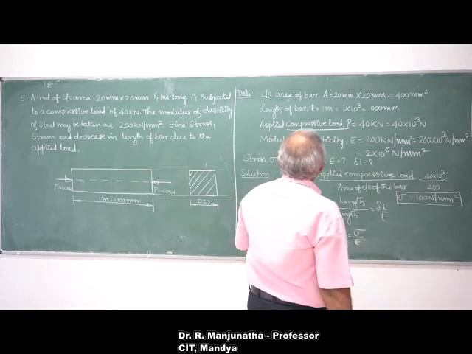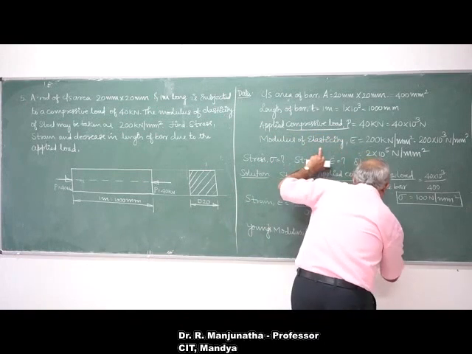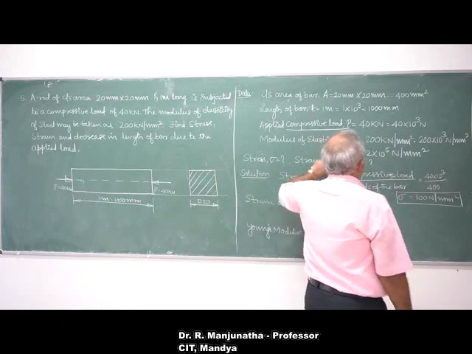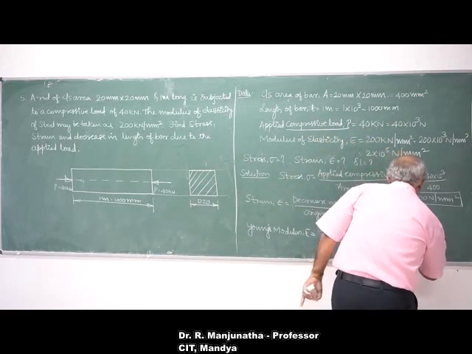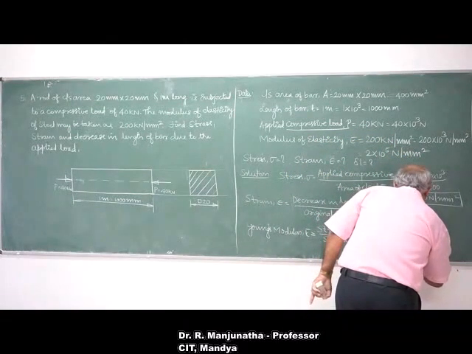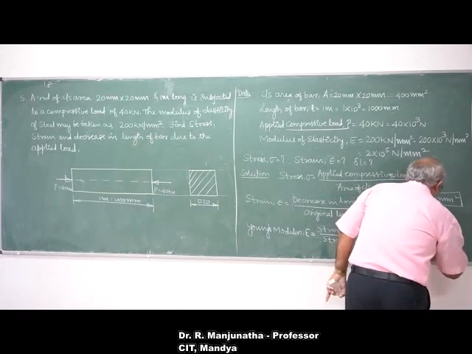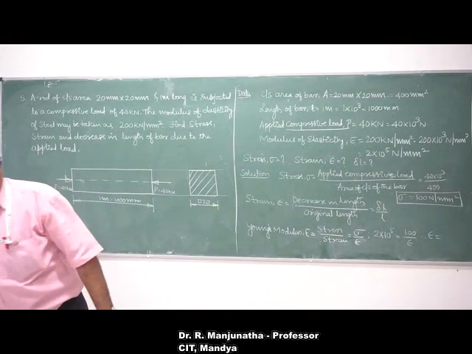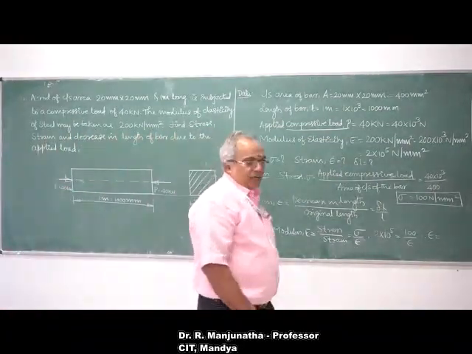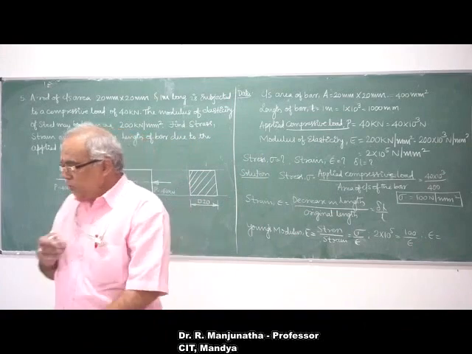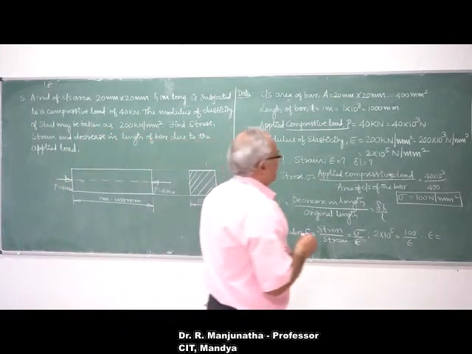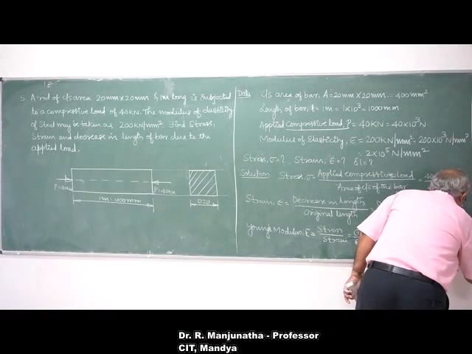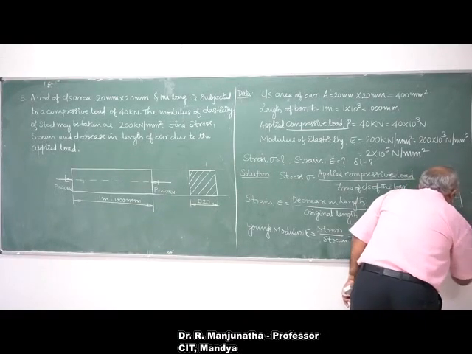Young's modulus is given to be 2 into 10 to the power of 5, equal to the stress value 100 by epsilon. Therefore, epsilon will be 100 by 2 into 10 to the power of 5, which is equal to 5 into 10 to the power of minus 4. This is going to be the value of strain.